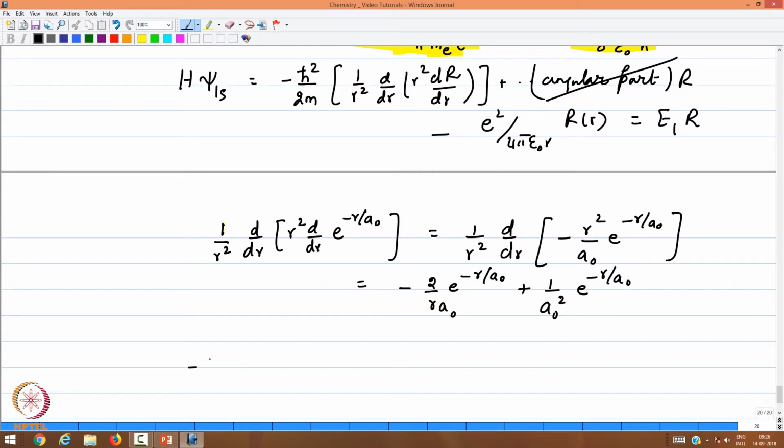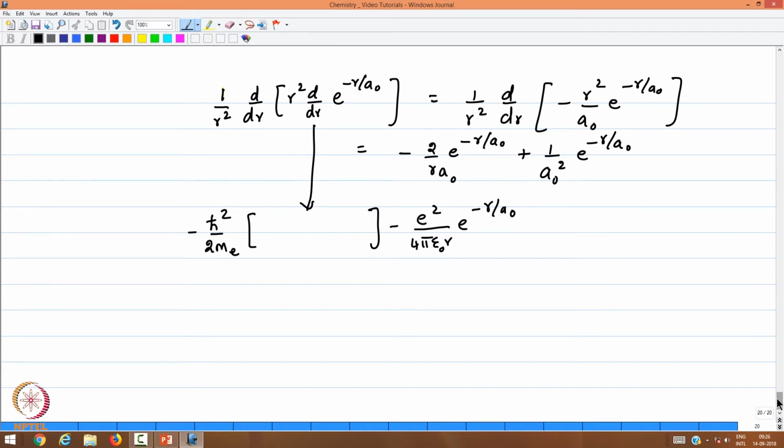The Hamiltonian is of course minus h bar square by 2 me times all of this. Therefore, what you have is minus h bar square by 2 me. Sorry, the Hamiltonian also has the potential term minus e square by 4 pi epsilon naught r times e to the minus r by a naught.